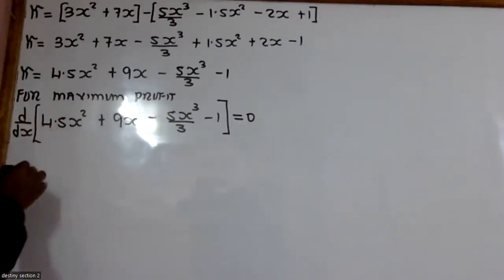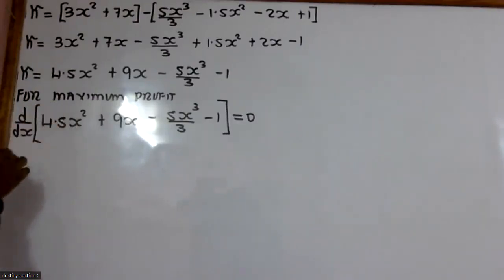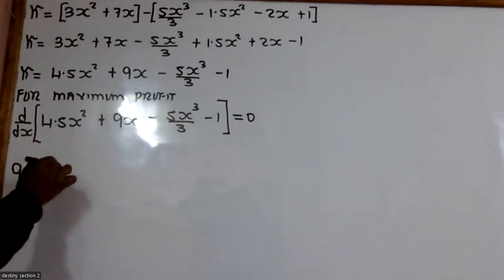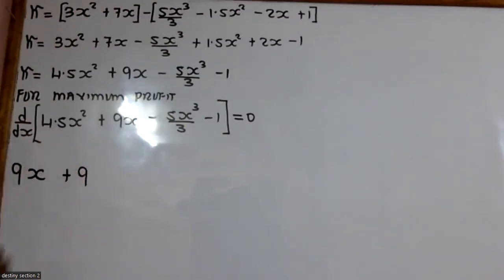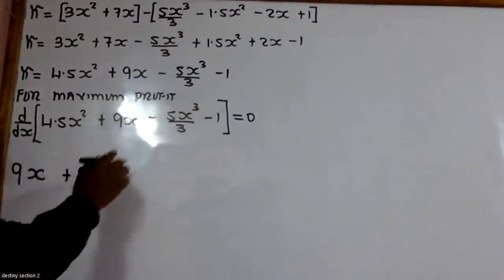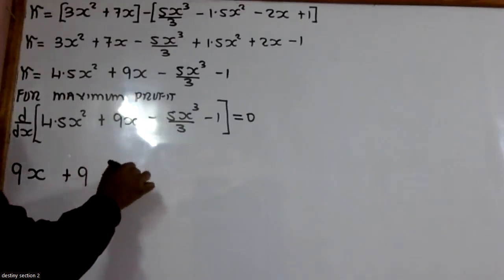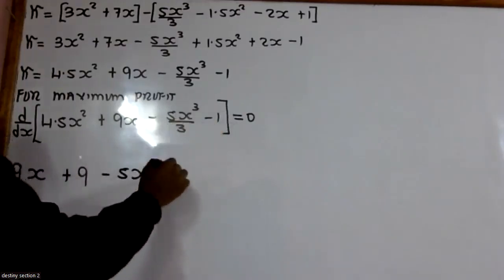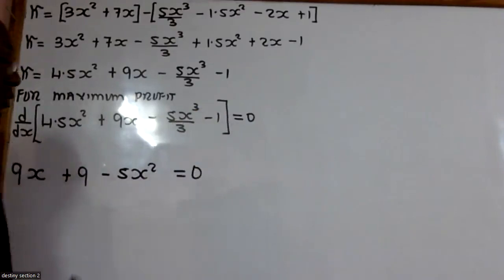So when I differentiate, this one I multiply, I end up with 9x plus 9. This 3 cancels this 3, so that I'm left with minus 5x squared. This becomes 0, and you say this is equal to 0.